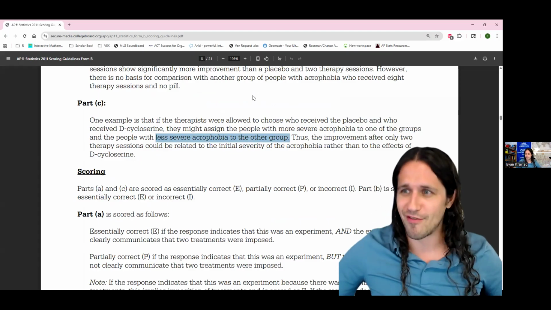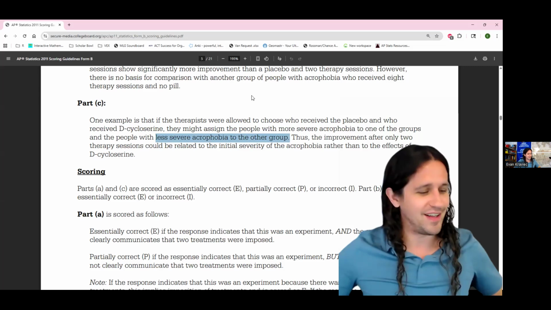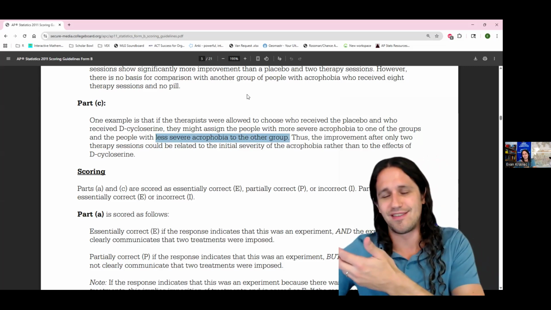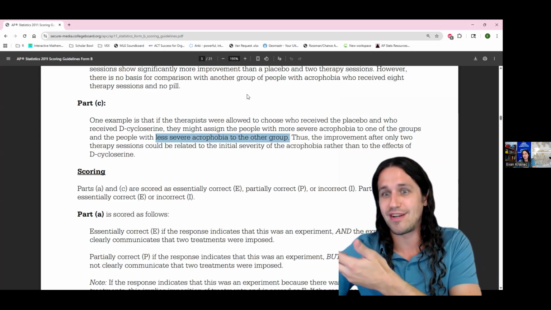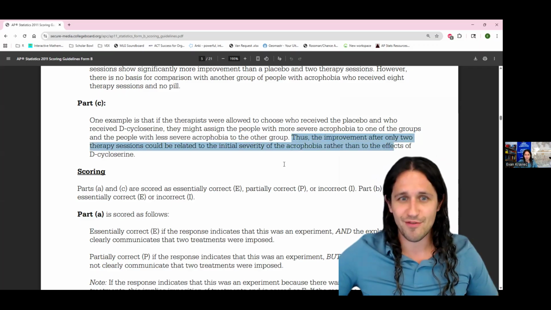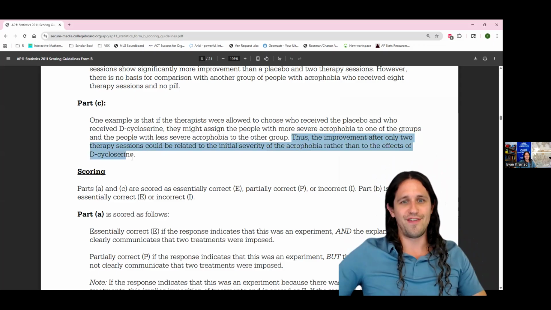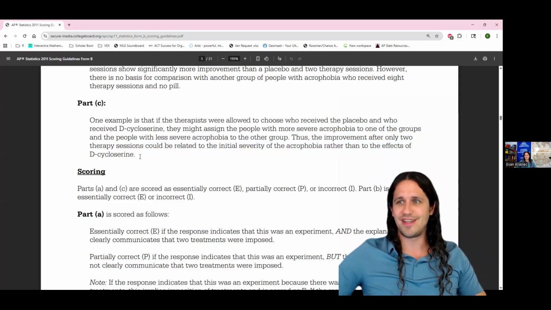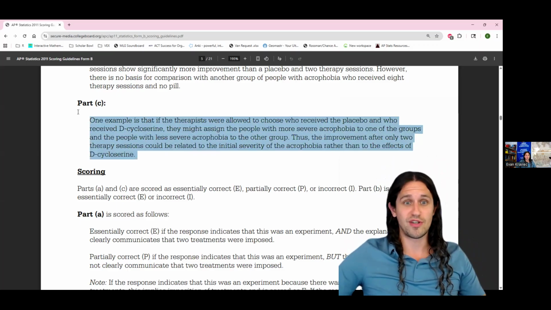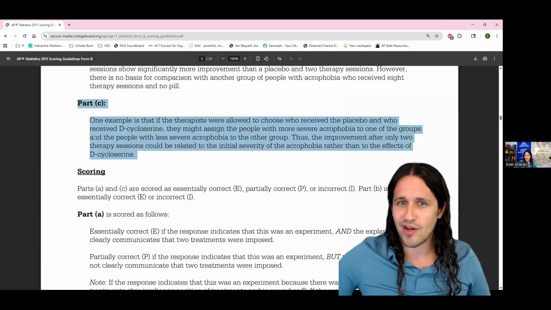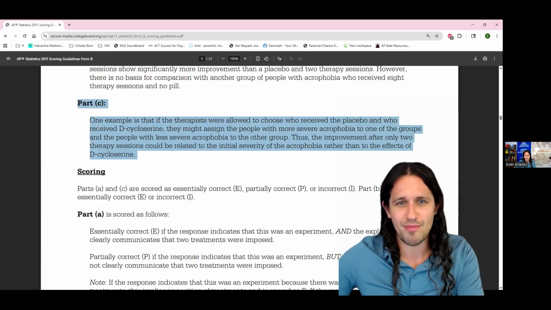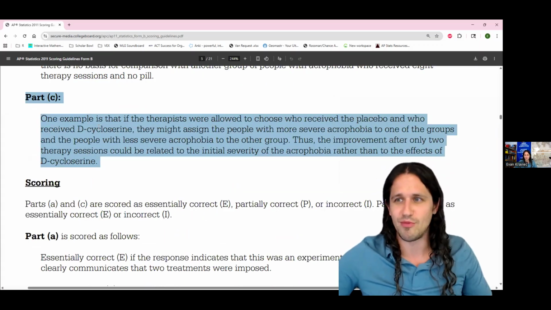Give the people who have bad fear of heights no drug. It's the drug did all the difference. Thus, the improvement after only 2 therapy sessions could be related to the initial severity rather than the effects of the drug. So we want to know that it's the drug doing the difference, not how bad your symptoms were to start. Take a moment, pause, copy some of that down, copy all of that down, and then we'll keep moving.